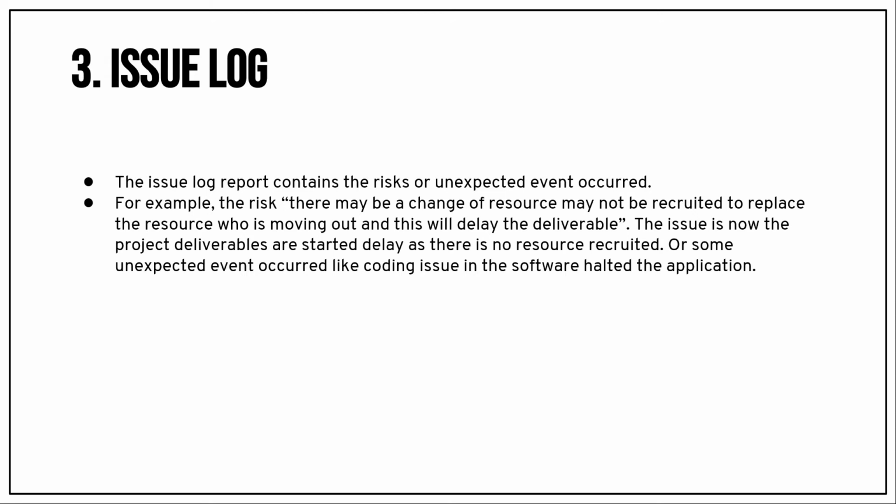For example, if in January we identify that in March we need to replace 4 team members because they are moving out of the organization, but we are in the last week of February and the resources are not replaced, or we have not identified a replacement resource, then that risk will be converted into an issue, because that risk has occurred.